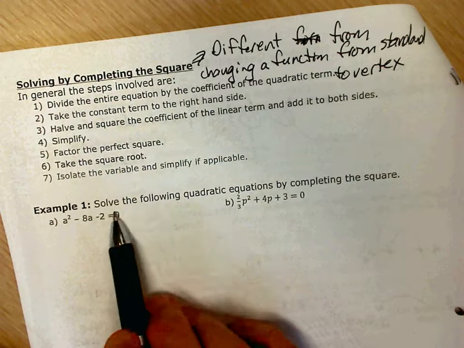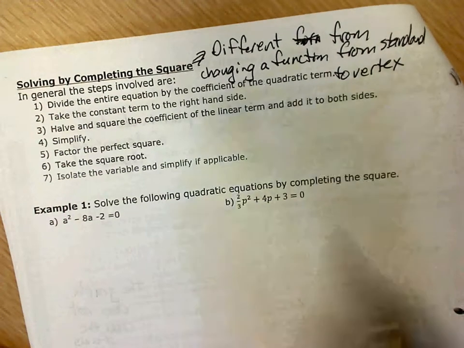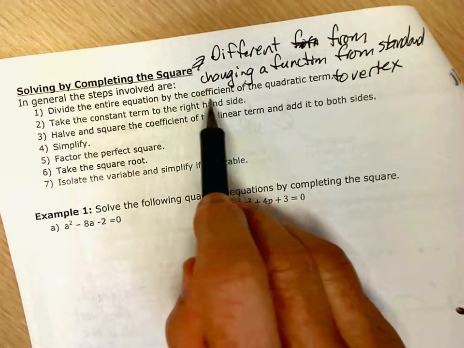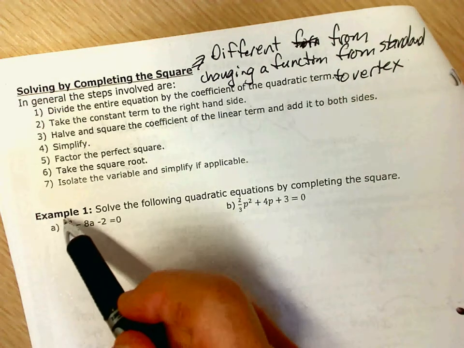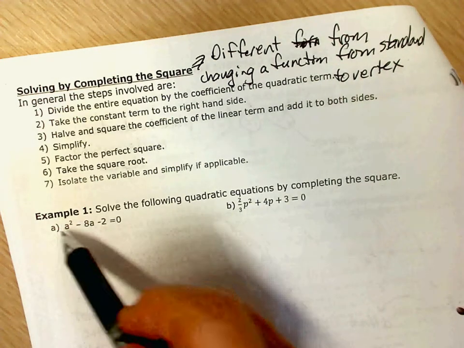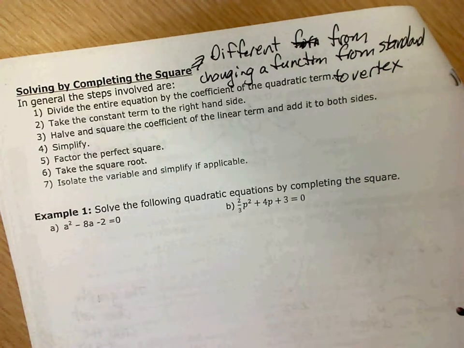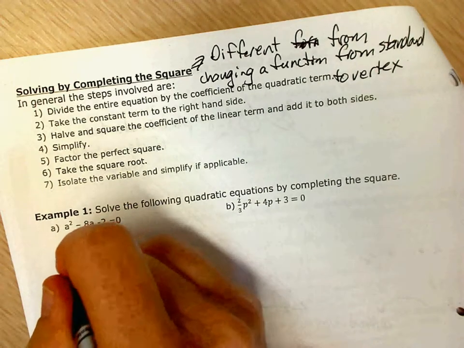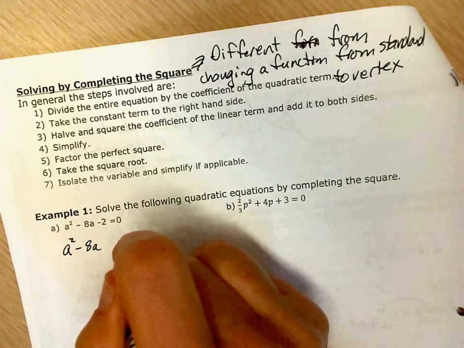Okay, solve the following quadratic equations by completing the square. Notice we divide the entire equation by the coefficient of the quadratic term. There's our quadratic term, and the coefficient is 1. If we divide everything by 1, nothing changes, so we just leave it. Now we take the constant term to the right-hand side: a squared minus 8a equals 2.